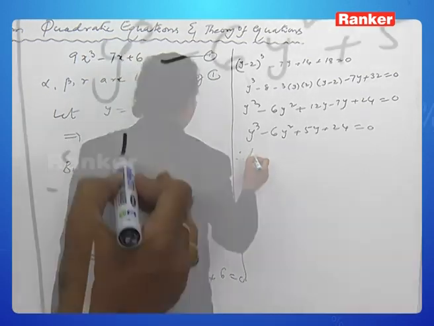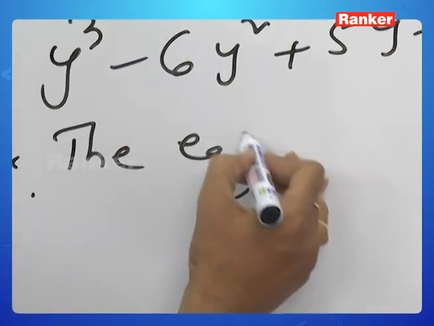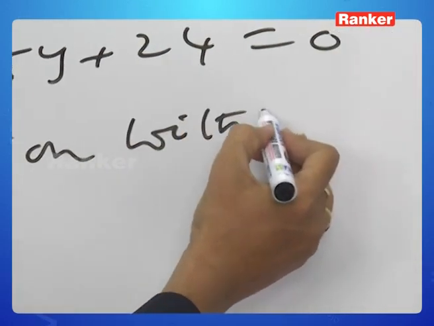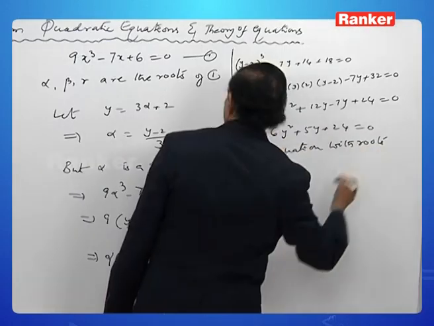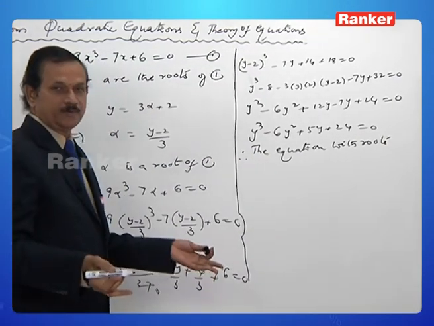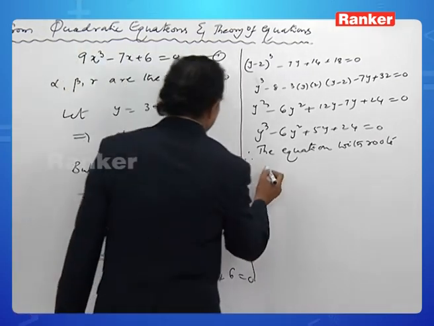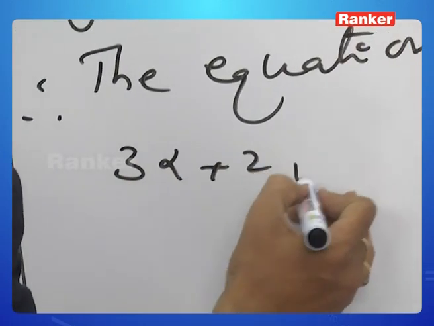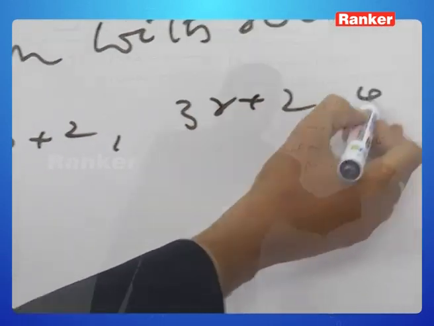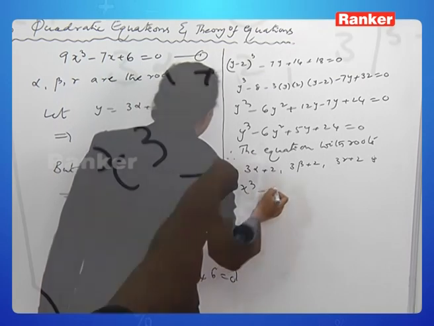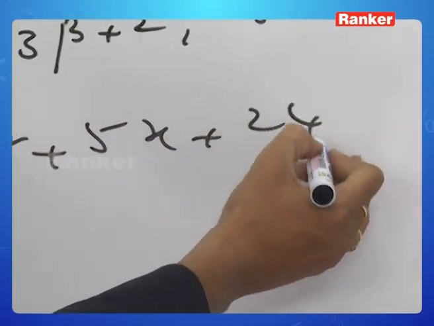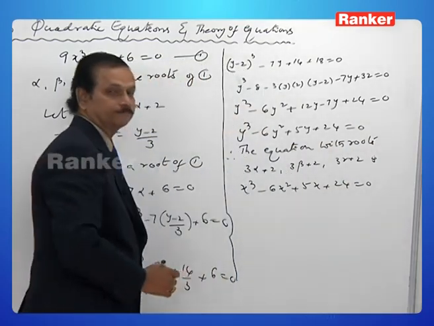Therefore, the equation with the roots, which one of the roots has 3 alpha plus 2? The other roots will be 3 beta plus 2, 3 gamma plus 2. The equation with roots 3 alpha plus 2, 3 beta plus 2, 3 gamma plus 2 is x cube minus 6x square plus 5x plus 24 is equal to 0.